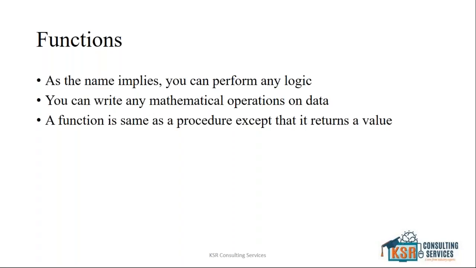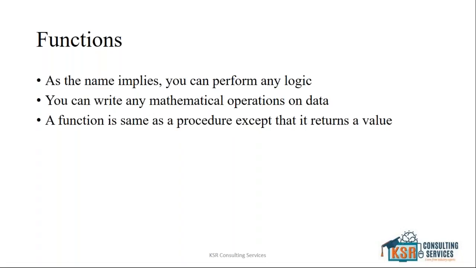Okay. Now, again, at this point of time you may not be able to understand the definition. We will solve the code, we will write our first code in function, then you will understand better. Then again we'll come back to the definition part. So a function is the same as a procedure. Very important, the third point is very important.